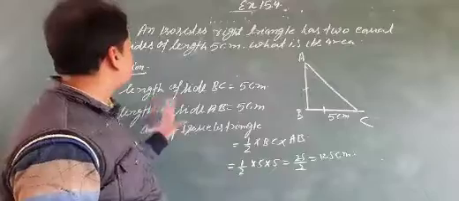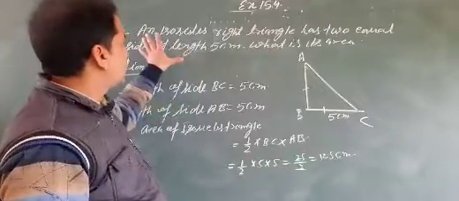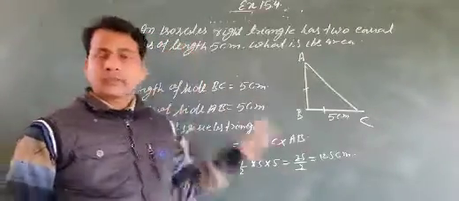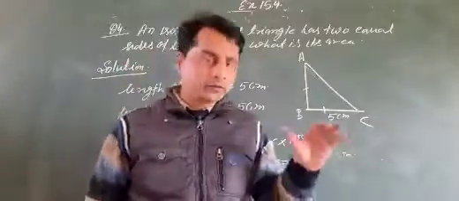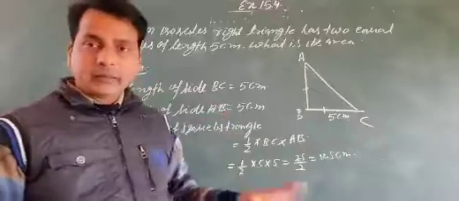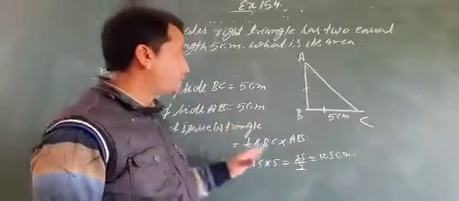So according to this question, an isosceles right triangle has two equal sides of length 5 centimeter. What is its area?